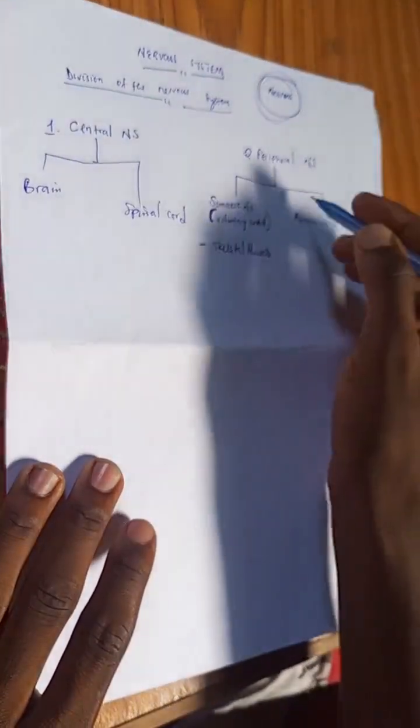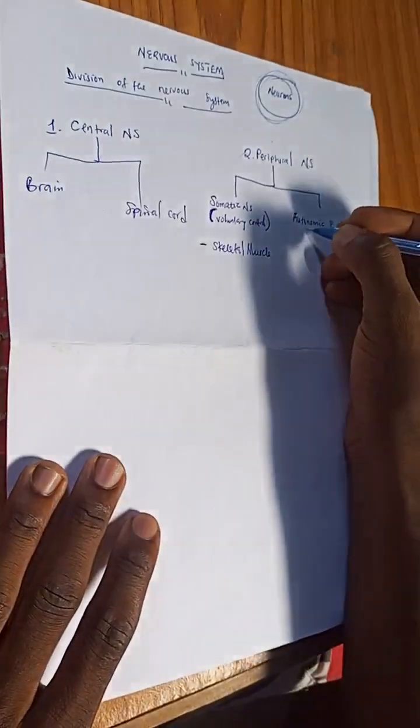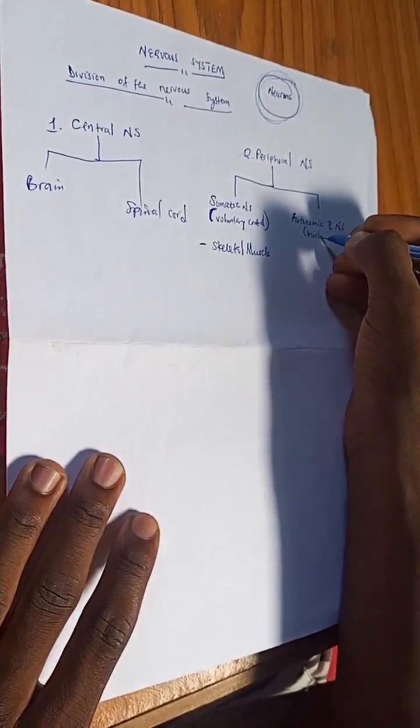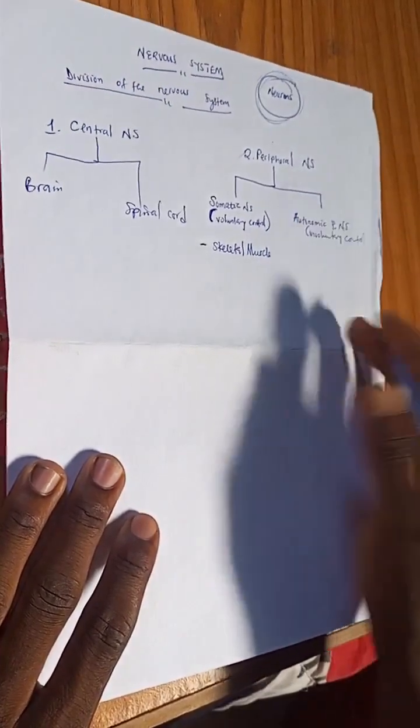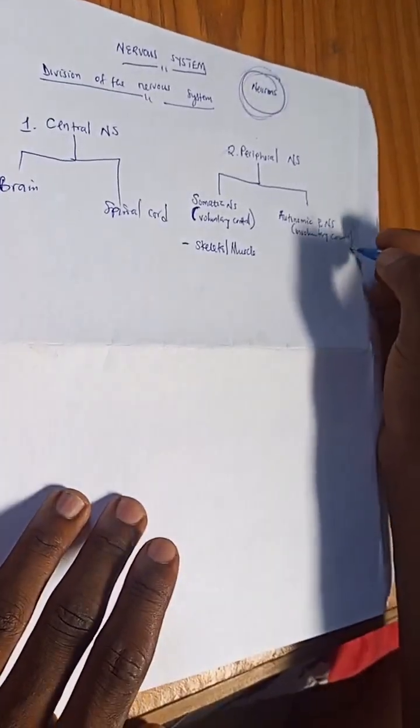Let's go to the other division, which is the autonomic nervous system. This is under involuntary control. So anything that you can't control is regulated by the autonomic peripheral nervous system.